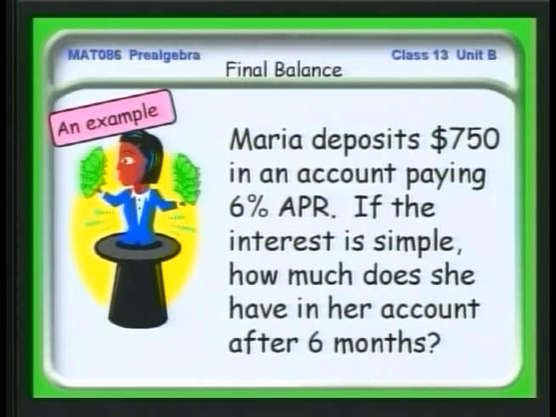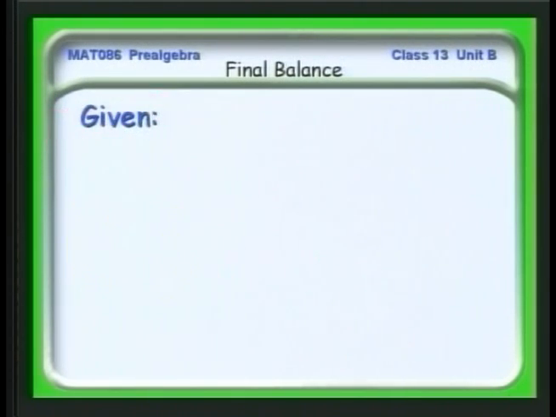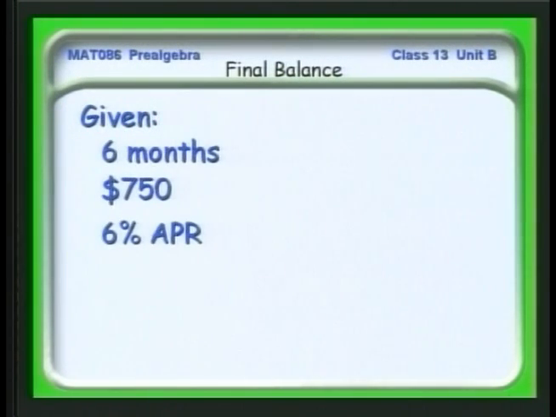Maria deposits $750 in an account that pays 6% yearly interest. If the interest is simple, in other words, you don't pay interest on the interest, how much does she have in her account after 6 months? Looking for the information, there is the basic information that we've abstracted from this problem, and of course we'll summarize it.